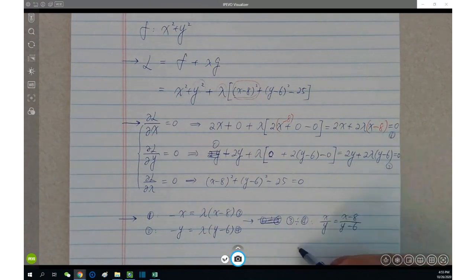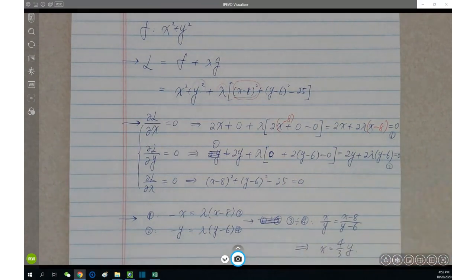And further, you're able to derive x equals 4/3 of y. And then you substitute this into the circle equation, and then you can find the x and y values. But if you're using a calculator, which works perfectly for you, I don't mind.